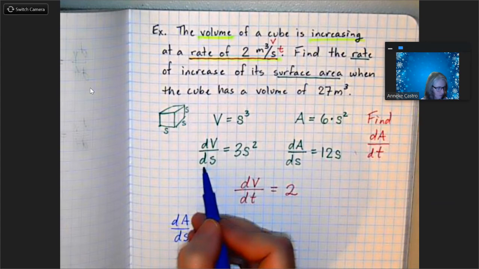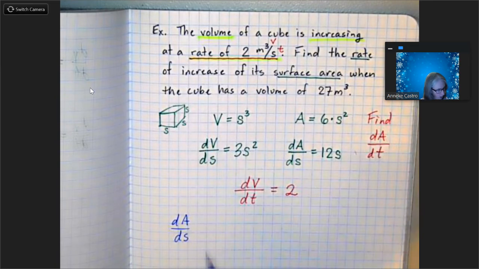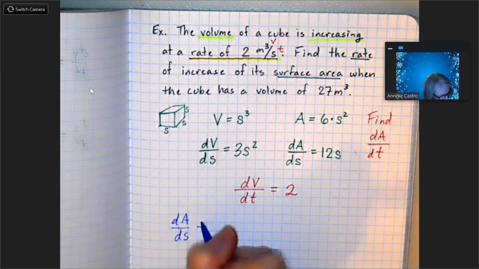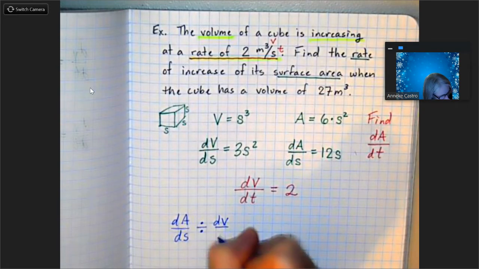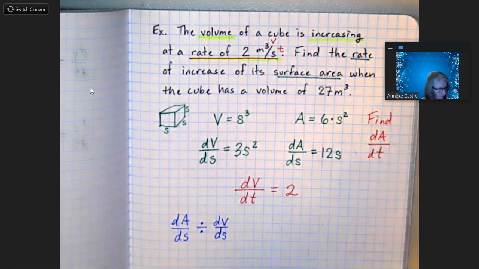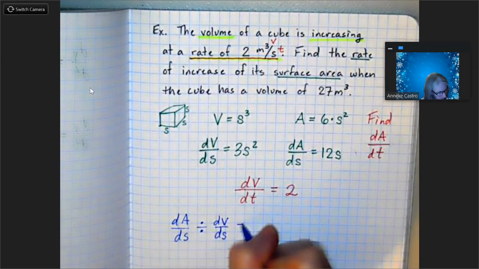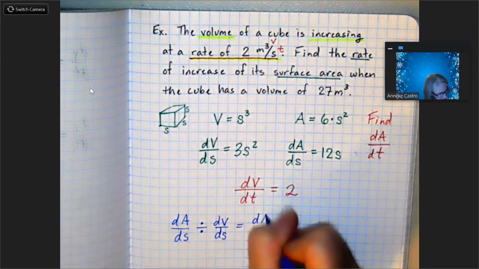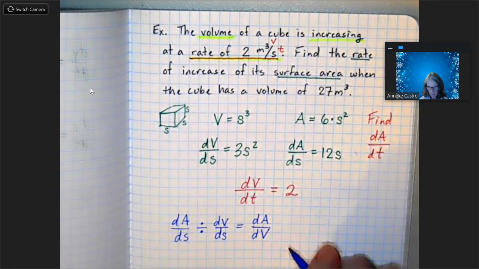This one has an s, so to make it go away, I need to multiply by the reciprocal of this. Or, in other words, I need to divide by dV/ds. Because if I multiply by the reciprocal, the ds's are going to go away, and I'm going to be left with dA/dV. Okay?